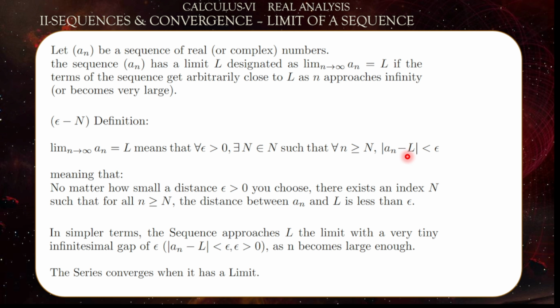In other words, the difference between the sequence and the limit itself, as n approaches a very large number, that gap between these two becomes very small, less than epsilon, which is a very small gap.